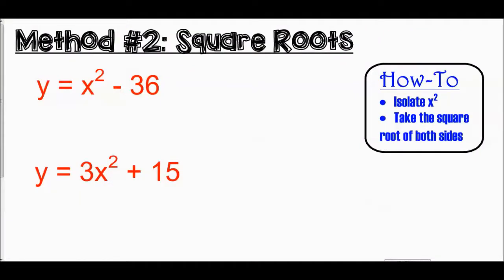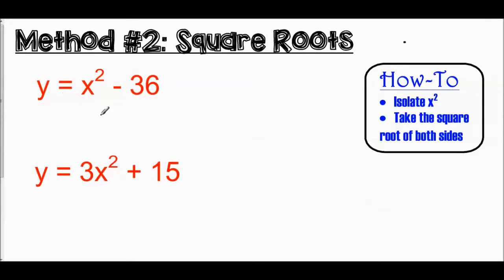The second method that we're going to look at is square roots. So here are a couple examples for you, and over on the right side you'll see the how-to on how to solve these. Your first step is that you're going to isolate x squared, meaning that you're going to get x squared on a side by itself.